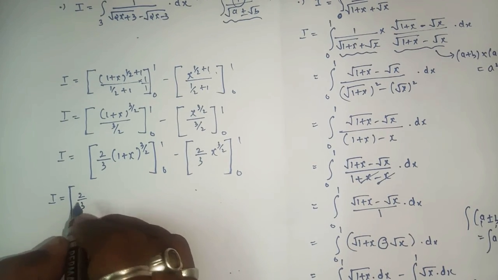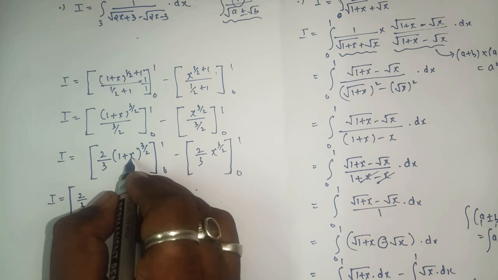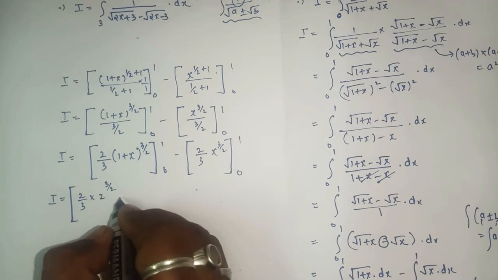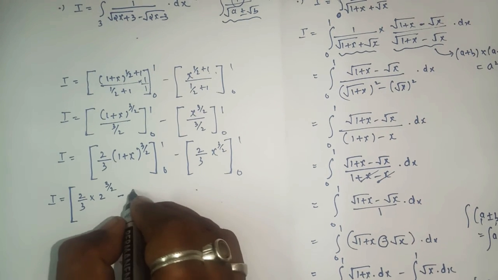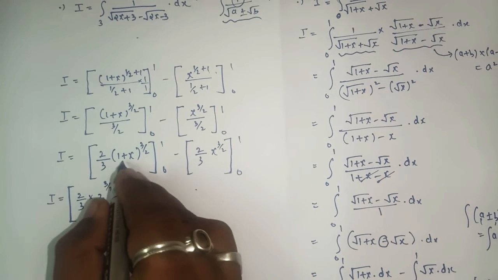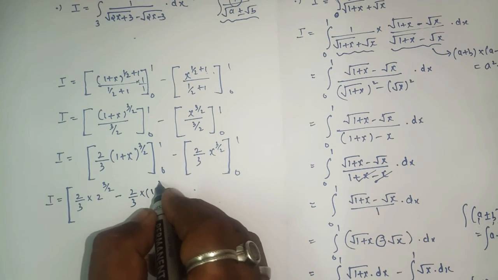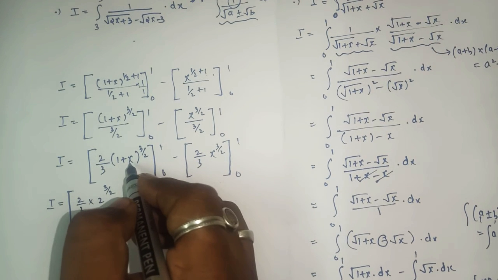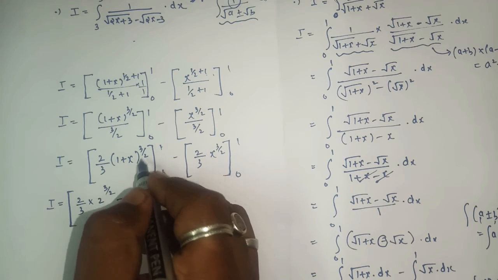So 2 by 3, first you will replace x by 1, so 1 plus 1 will be what, 2, so this will be 2 raised to 3 by 2. Then minus, then you will replace x by 0, so 2 upon 3, 1 plus 0 will be 1, so here you will get 1 raised to 3 by 2. Okay, once again see, first you will replace x by the upper limit, so 1 plus 1 will be 2, 2 raised to 3 by 2.